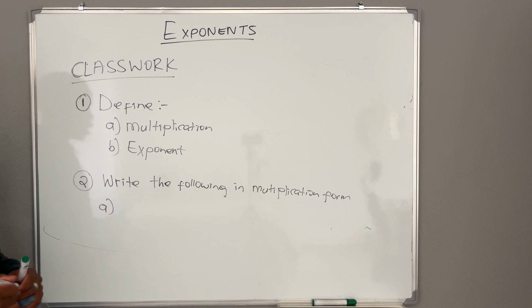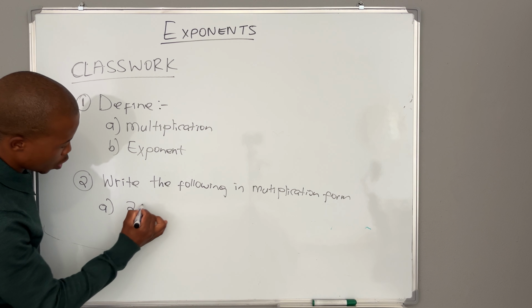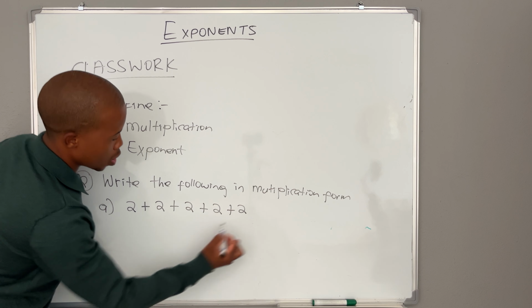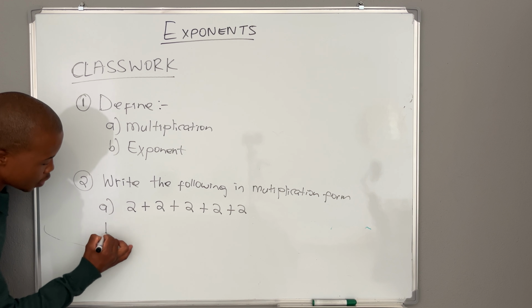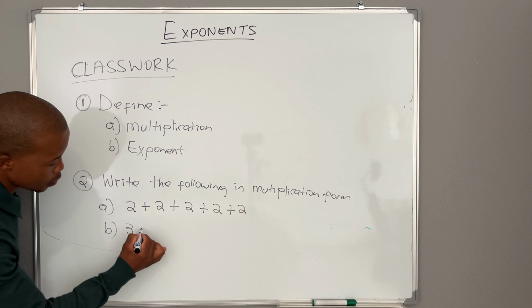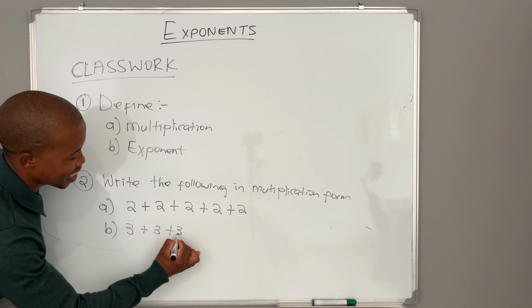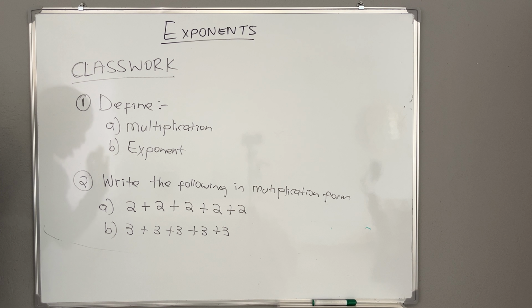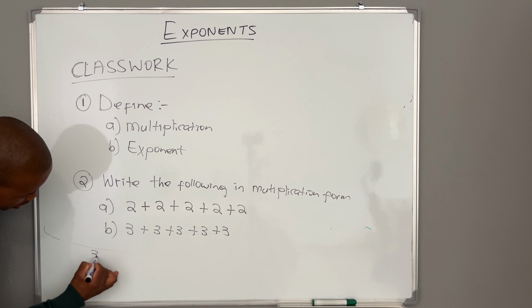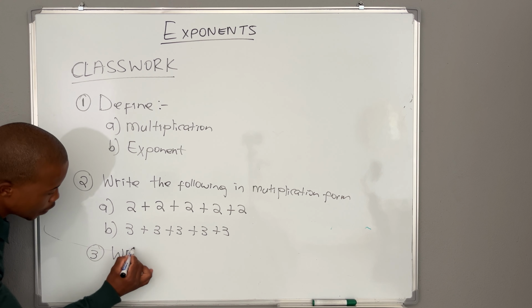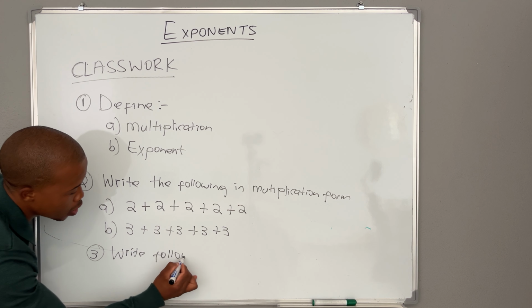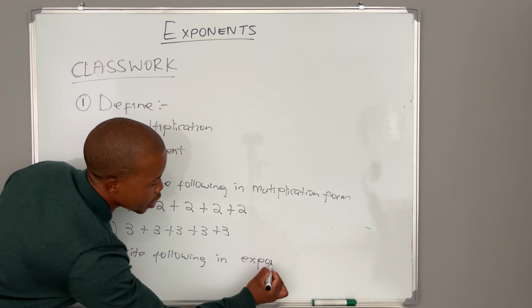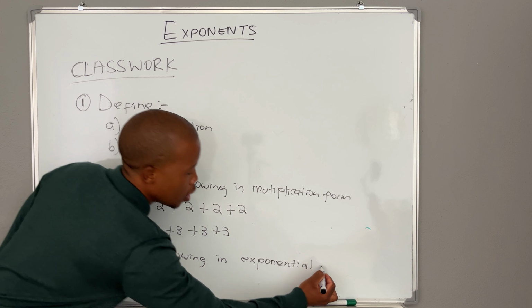A, if you have something like this, you're going to write that in a multiplication form. The other one, and then let's go to number 3, right? You are going to write the following in exponential form.